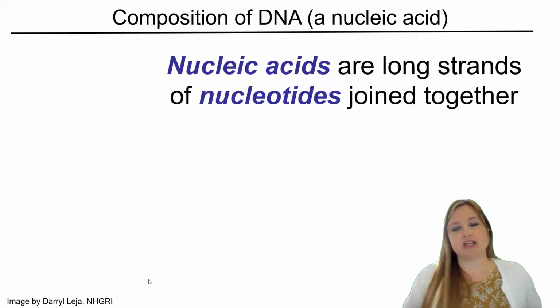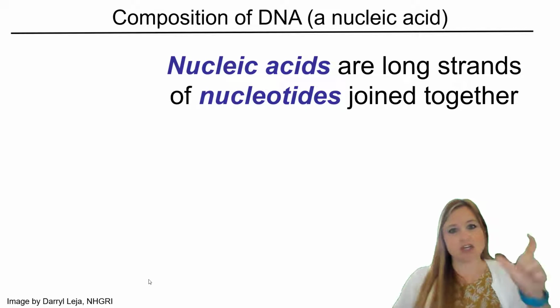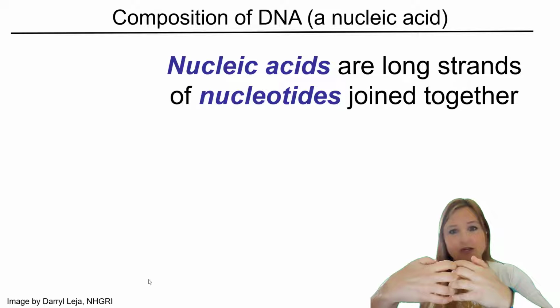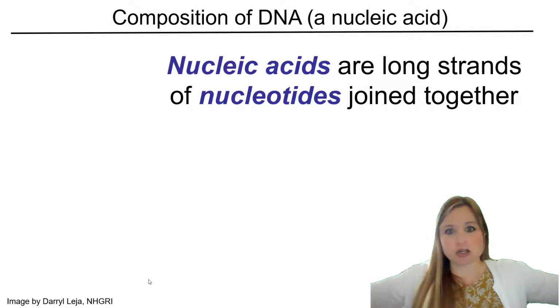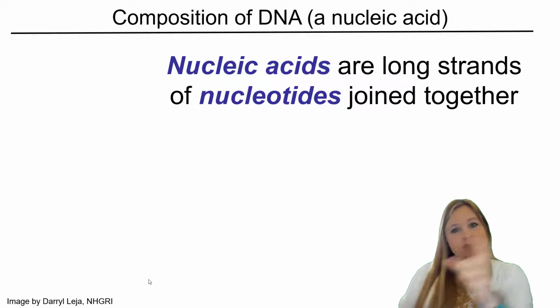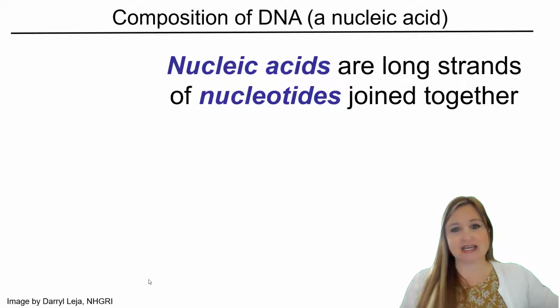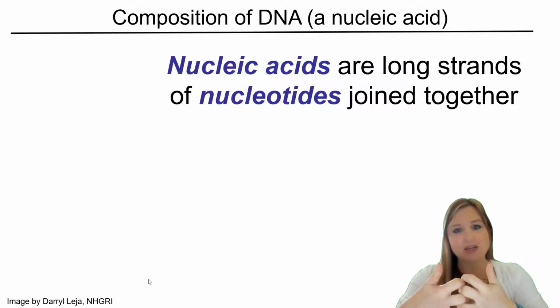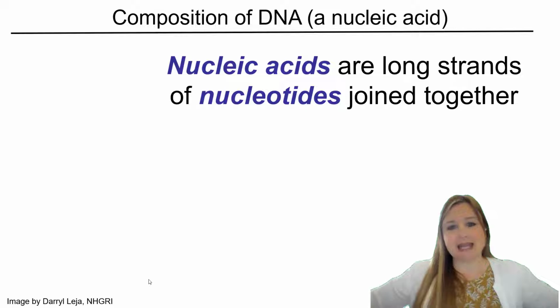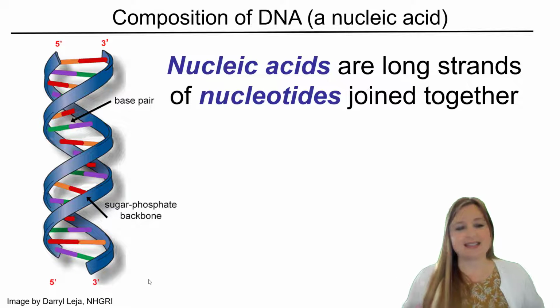But that train is actually made of individual railroad cars. And those railroad cars get joined together to create the longer structure, which is the train. So in this analogy, those individual railroad cars are like the nucleotides. They get joined together to form the entire long structure, and that's the DNA, the deoxyribonucleic acid.